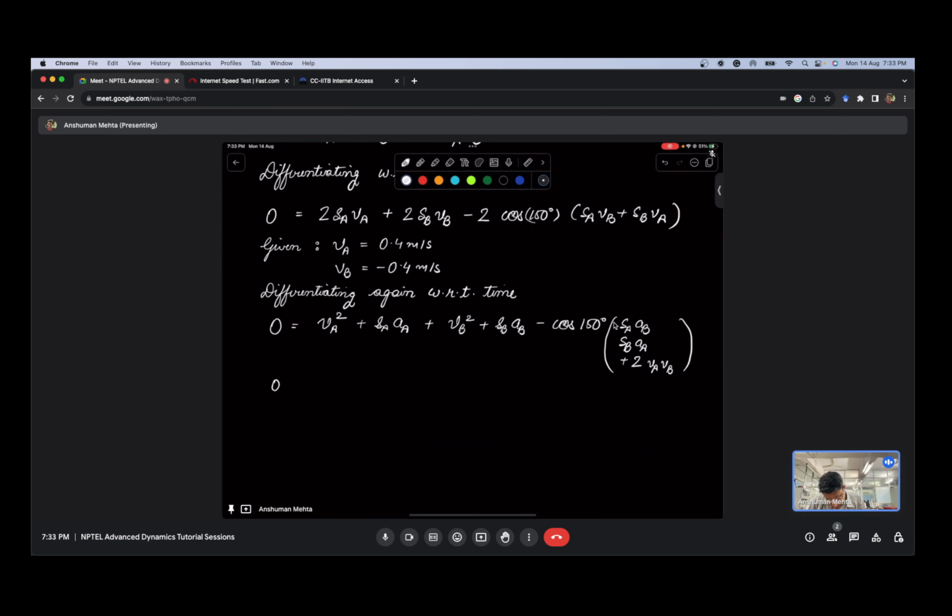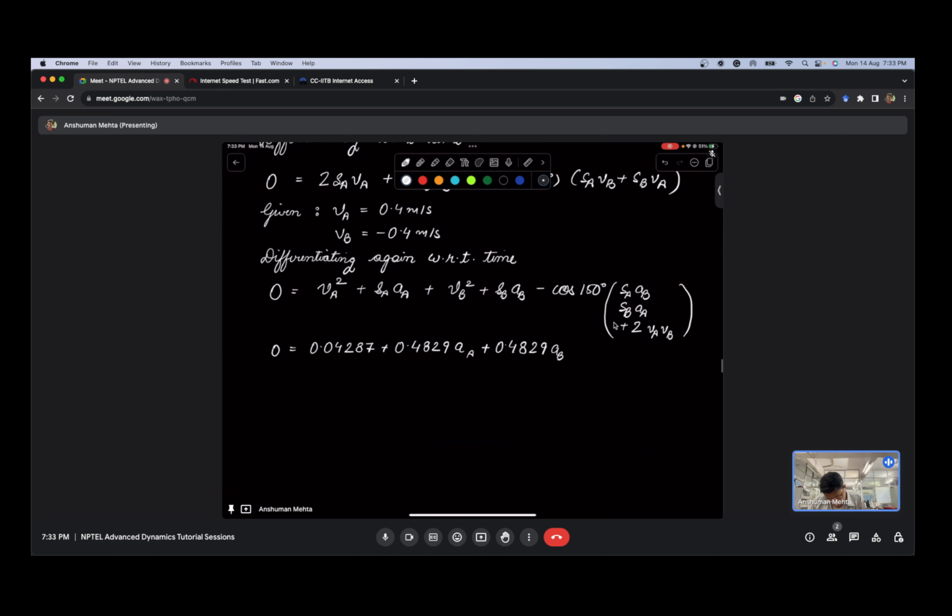So this will lead us to 0 is equal to 0.04287 plus 0.4829 A of A plus 0.4829 A of B. Now coming back to kinetics.